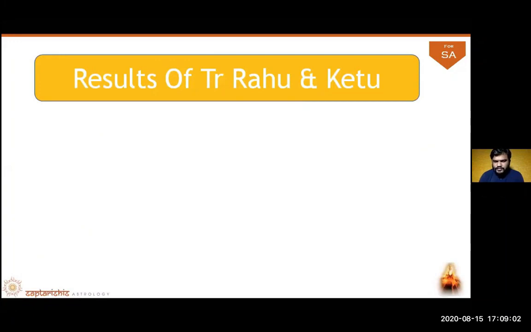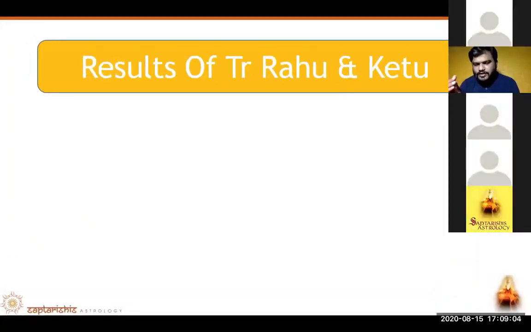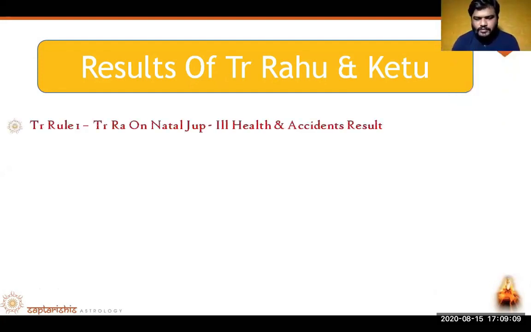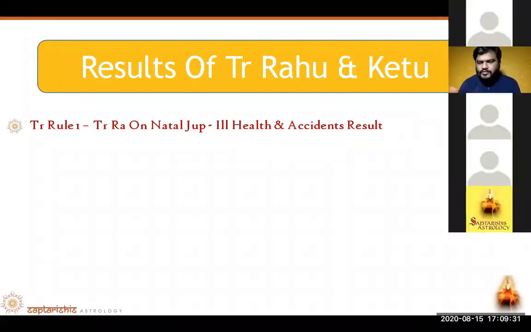Now, what kind of result can we expect from this transit effect, Rahu-Jupiter or Ketu-Saturn transit? Transit Rahu on natal Jupiter, or transit Jupiter on natal Rahu, any one of these can take place in the chart. Then we can see ill health or accident results. Any problems with health or any body organs, or accident-related things can take place.